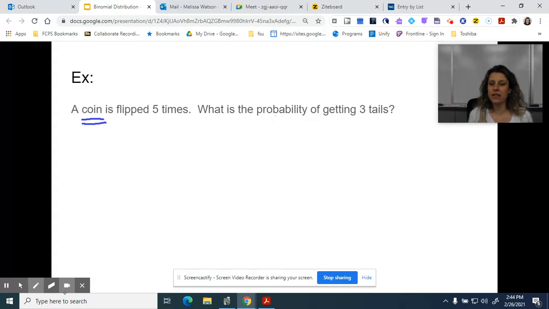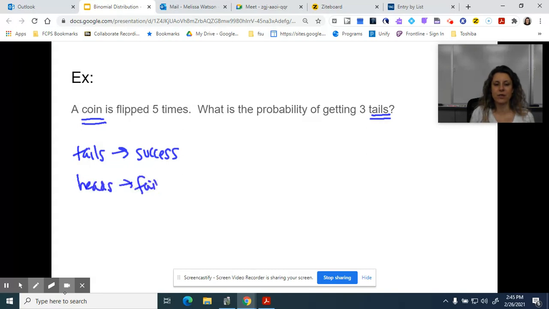Because the probability that's being asked is of getting 3 tails, I'm going to say that tails is my success, and that means heads is the failure.